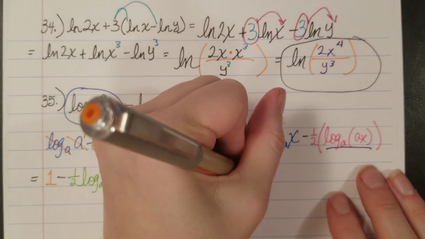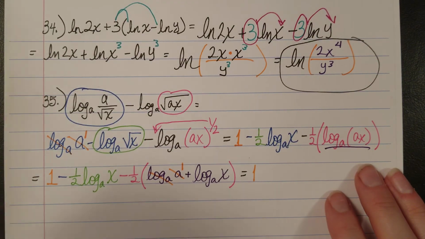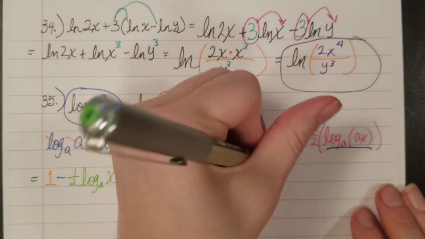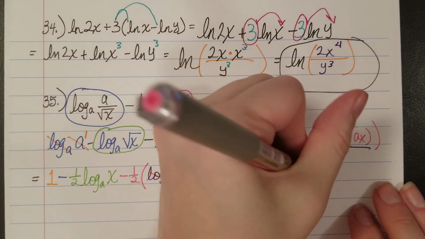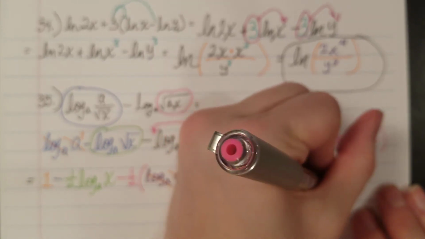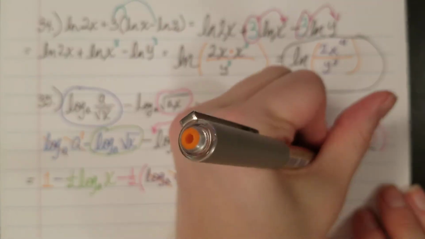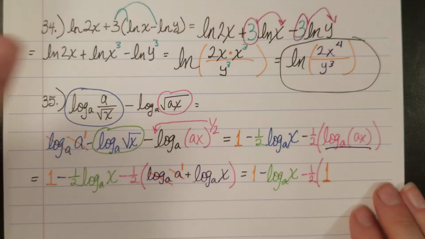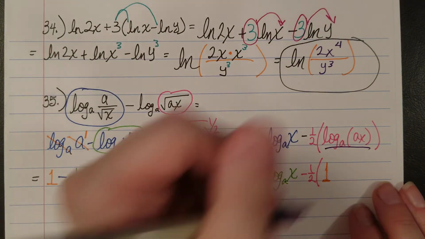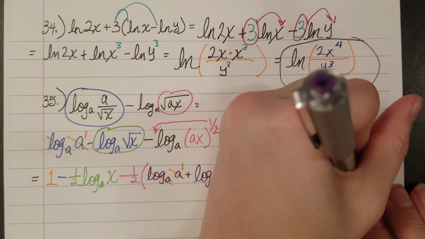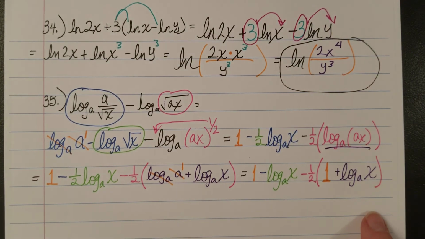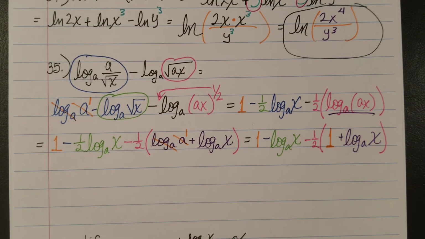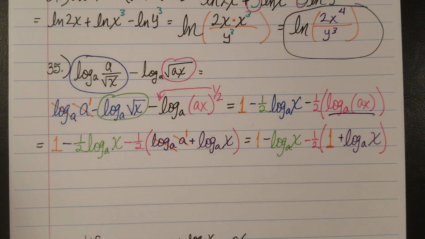So I have 1 minus 1/2 log base a of x minus 1/2 times 1 plus log base a of x. Let's go ahead and distribute this 1/2 here.